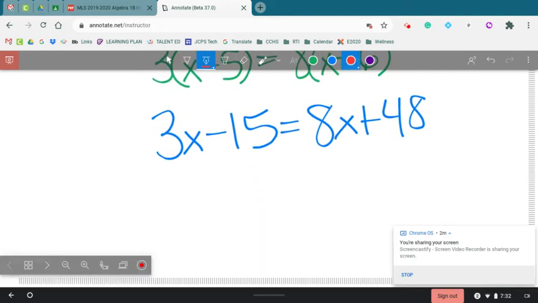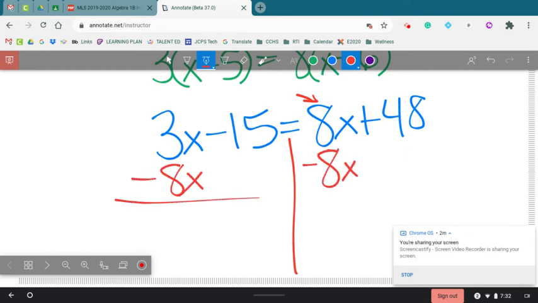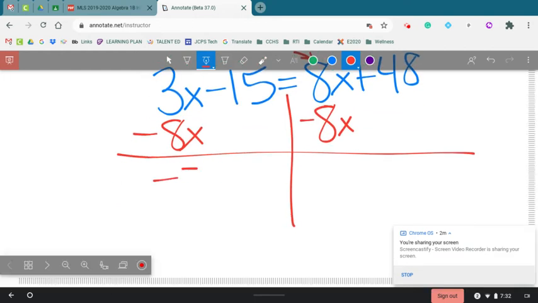You got to move your variable to the left side, so I need to move this 8x to the other side. So I'm going to subtract 8x. 3x minus 8x is going to give you negative 5x minus 15 equals 48.